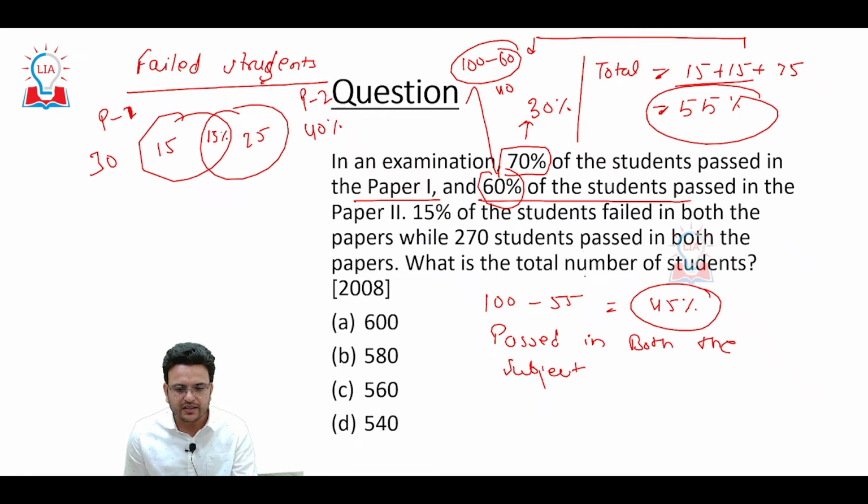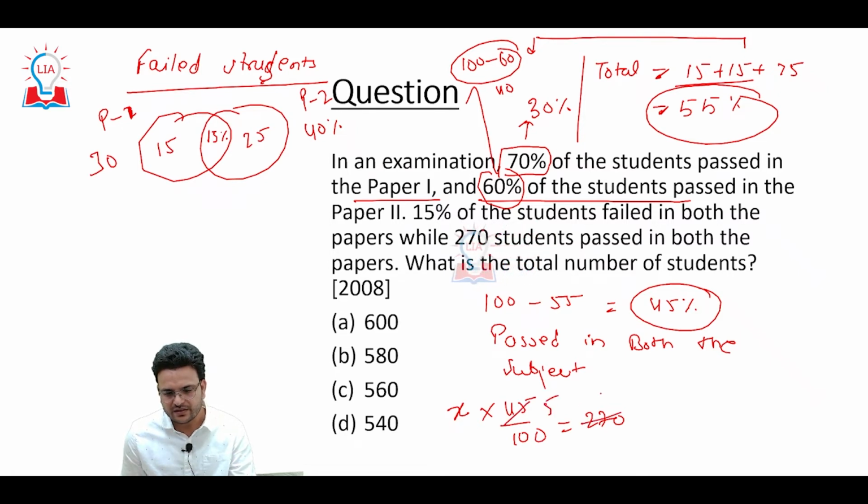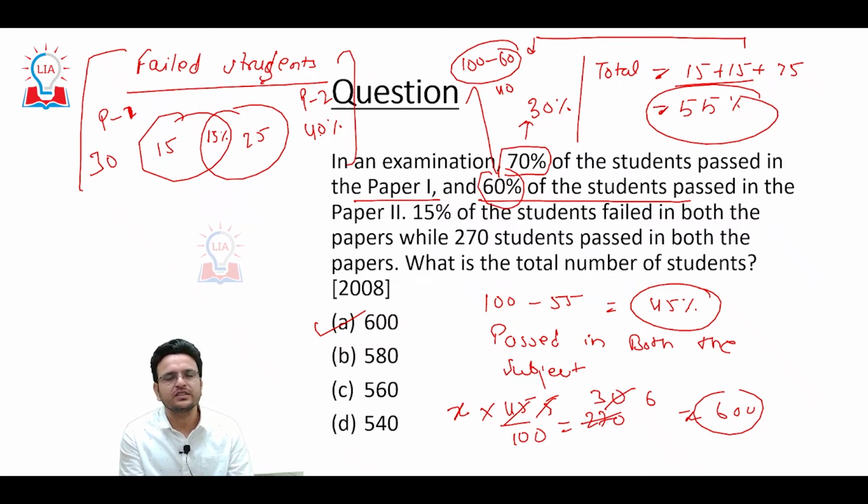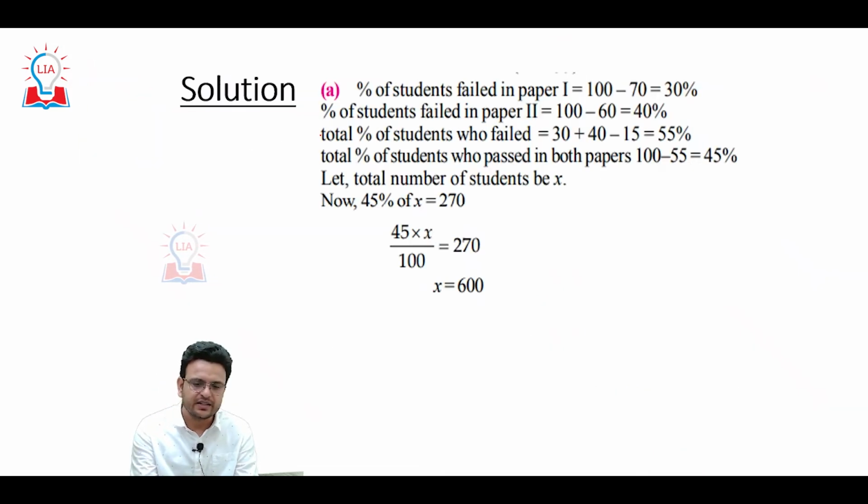So what is the total number of students? 45% of x is equal to 270. So it will be 600. I hope you are able to understand how I solved this question. The only thing you have to understand is how to draw these Venn diagrams. If you know how to draw them, then the question becomes very easy.